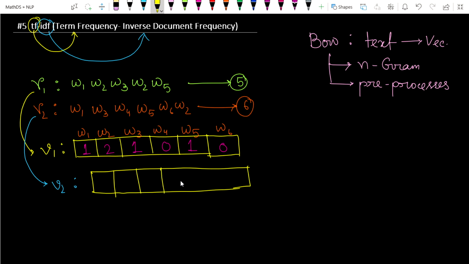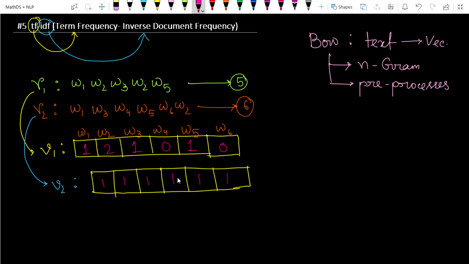W1 occurs, W2 occurs, W3, W4, W5, W6 all occur. Is anything repeated? No, nothing is repeated here.